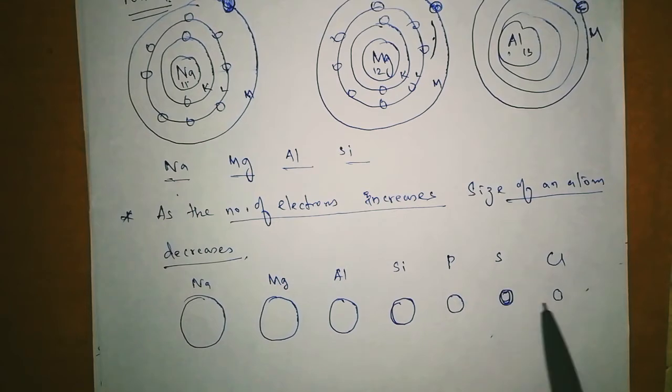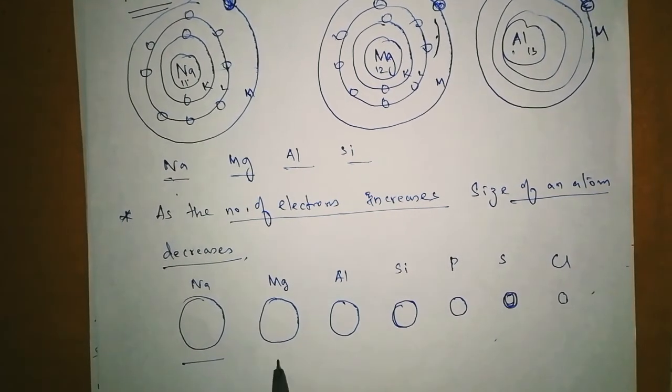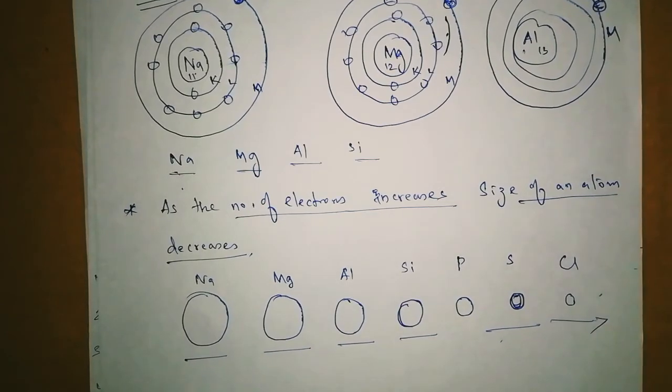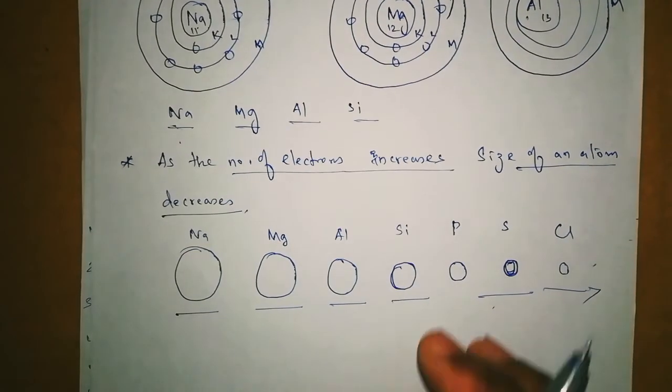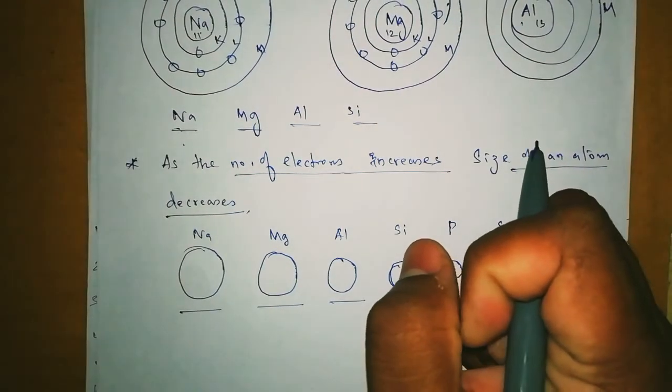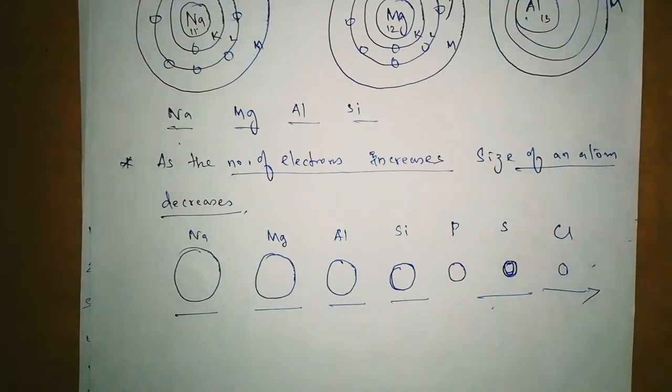So if you compare the size of the atom as we go along the period, because all the electrons need to be attracted by the nucleus, size automatically shrinks.